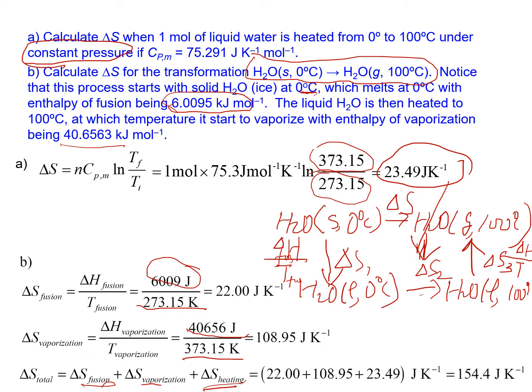So now, what if the question asks you to calculate the entropy change not to 100 degree gas phase? Instead, it asks you to calculate entropy to, let's say, liquid water at 80 degree. How do you calculate that? Okay, to calculate that one, let's modify this diagram.